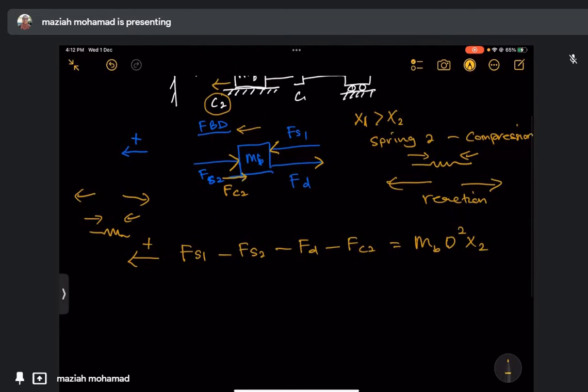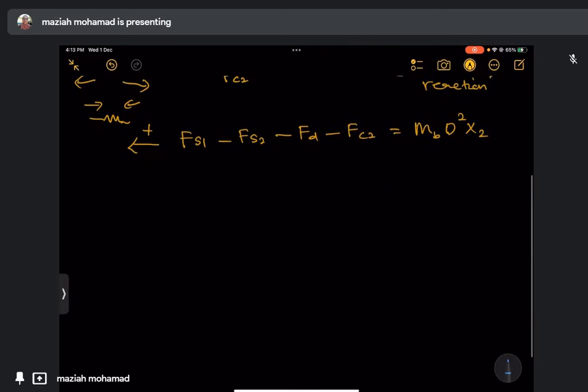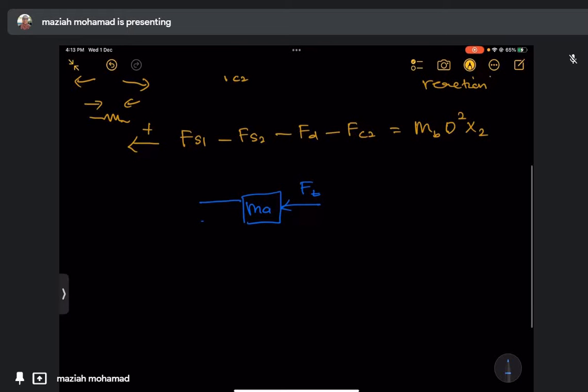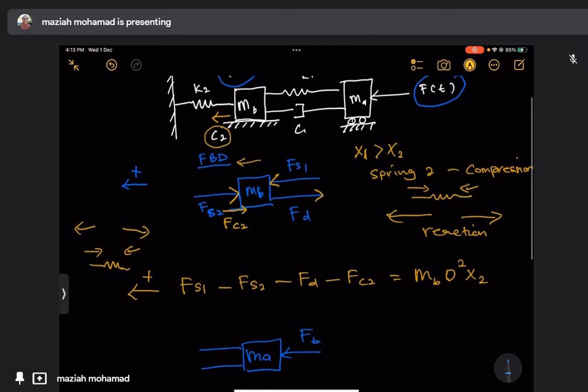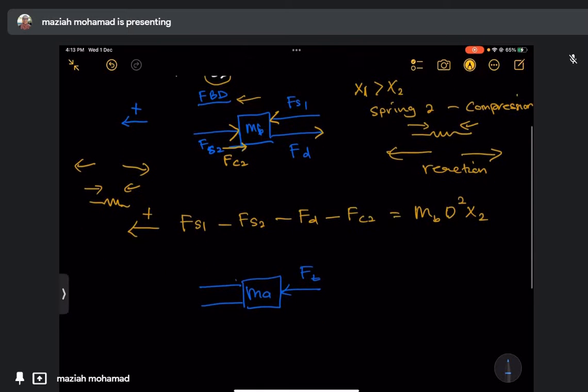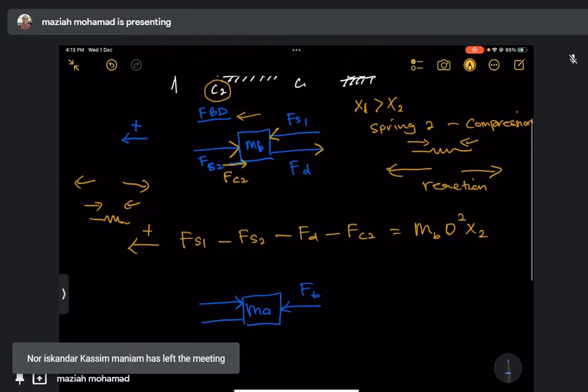And then for MA, I think MA is the same. For MA, we're going to have FT, right? And then we have another two. So the spring is in compression, so this one is in the direction to that one, and then this one will be in the direction to here.